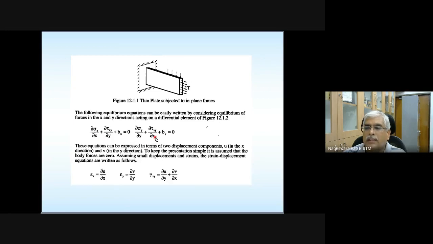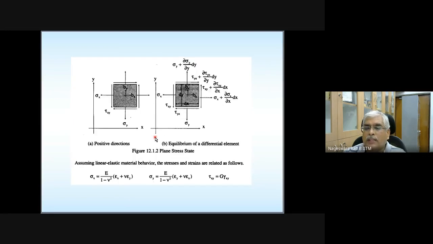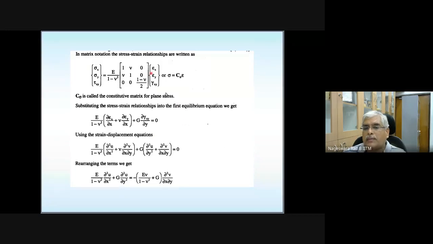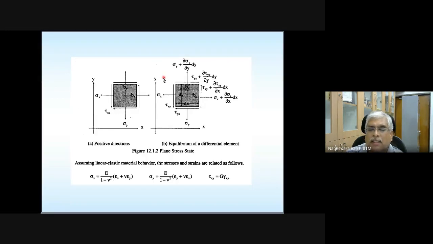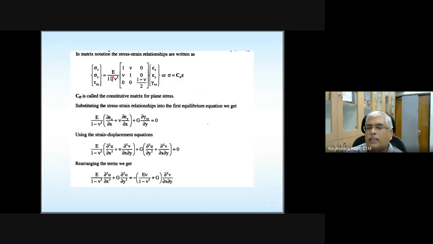We are going to get equilibrium equations in terms of displacements. You can go through all that, it is all self-explanatory. And you may be surprised, what is this? This is nothing but these equations. These three equations, if you want to write them in a matrix and vector form, this is how it looks.